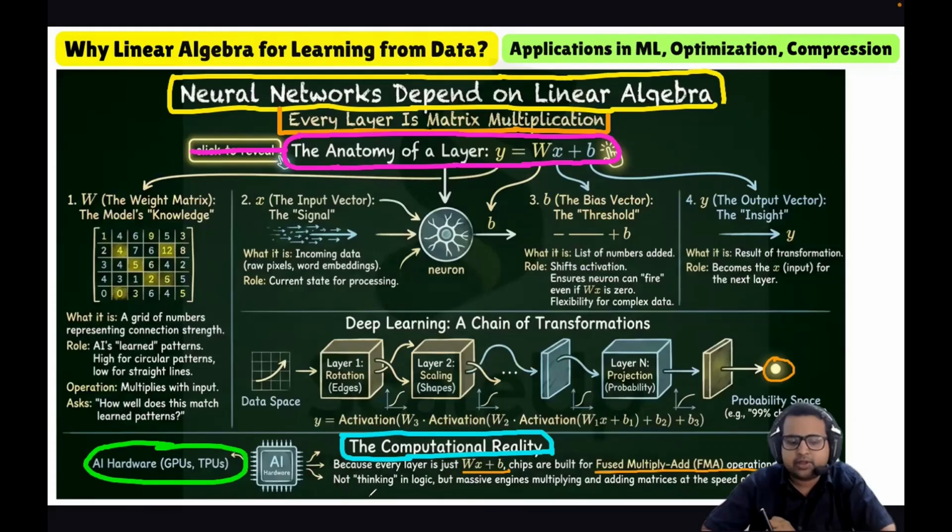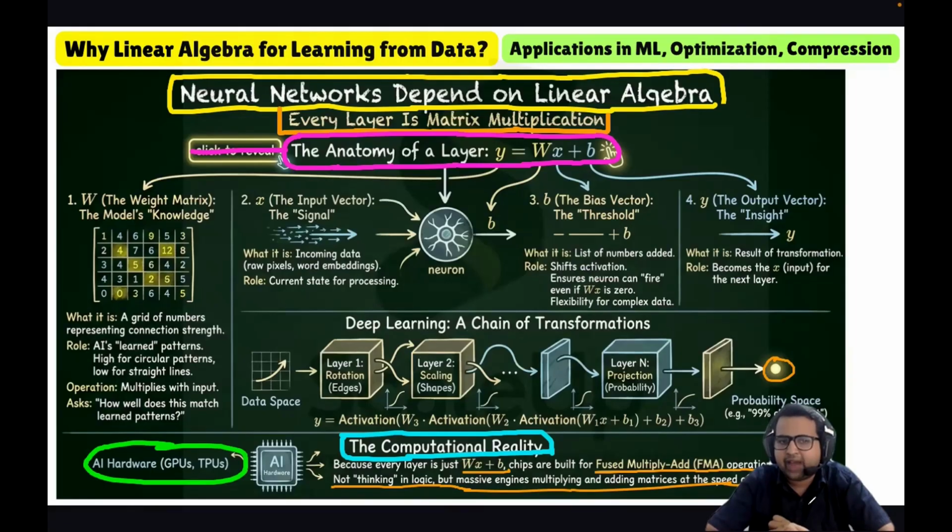These chips don't think in logic. They are massive engines designed to multiply and add matrices at the speed of electricity. Because of this linear algebra, because of these matrix computations, we can perform large-scale operations at lightning speed. So that's the main idea.